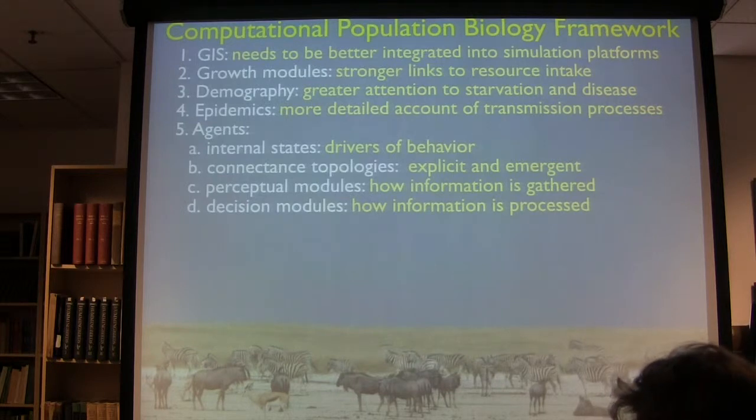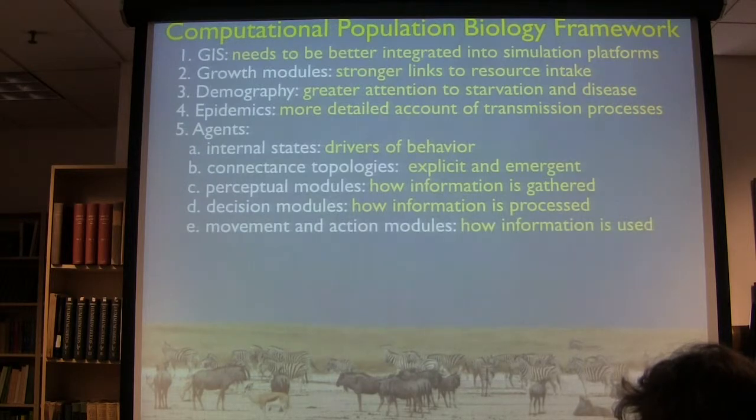In my particular case, I'm also very interested in using these modules in movement ecology and animals deciding where to move. So we have these different modules, movement and other action modules.